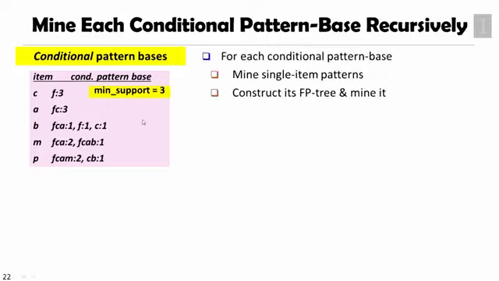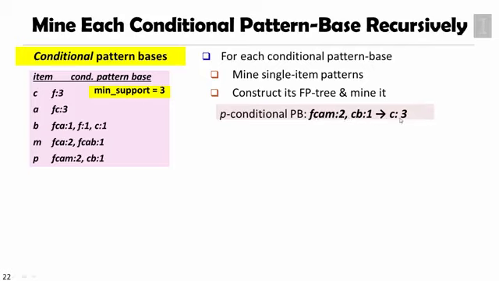For this conditional pattern base, we mine single-item patterns. We construct this FP-tree and mine it recursively. For example, for P's conditional pattern base, you will get only C:3. The reason is F, A, M, and B never occur more than 3 times, so they are out.